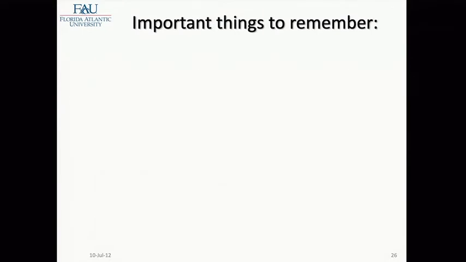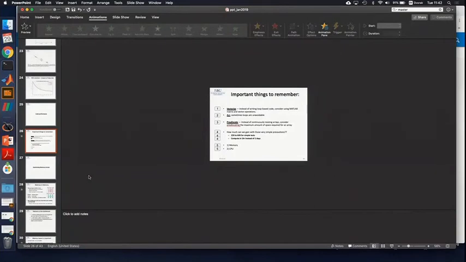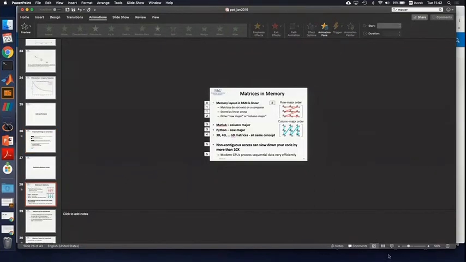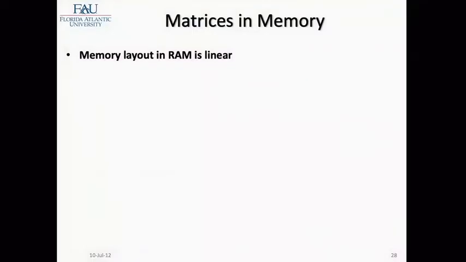Okay, fine. So we looked at how memory is laid out. We didn't look at it, we just did some trial and error exercise, and we figured out how it's laid out. The important thing is memory layout in RAM is linear.